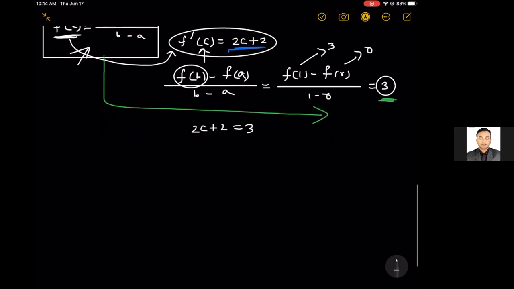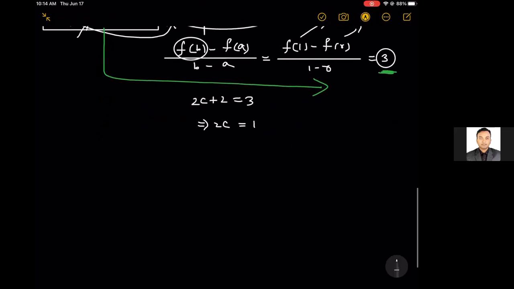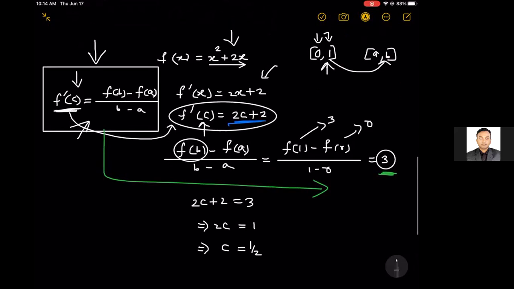So if we solve it for c, we get 2c equals 1. That means c is half. So that's it. That's your c for this problem. Any question from this? Take your time, okay?